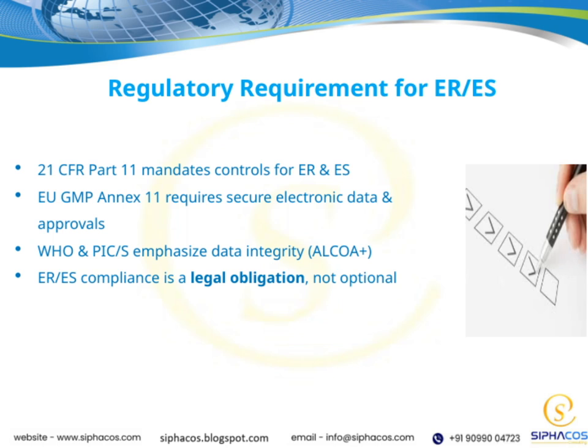The World Health Organization and PIC/S also place a strong emphasis on data integrity through the ALCOA Plus principles, which stand for attributable, legible, contemporaneous, original, accurate, and additional aspects like complete, consistent, and enduring. These principles are fundamental to maintaining trustworthy data.